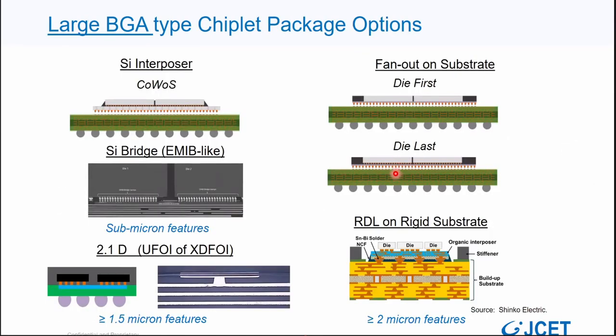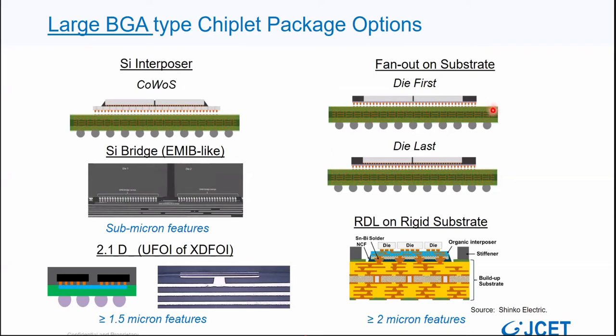Then for larger FCPGA-type chiplet packages, the most advanced one currently is the first one, CoWoS from TSMC, though different companies have different names. Basically, this interposer uses a silicon TSV interposer. The second one, the representative, is Intel's EMIB.